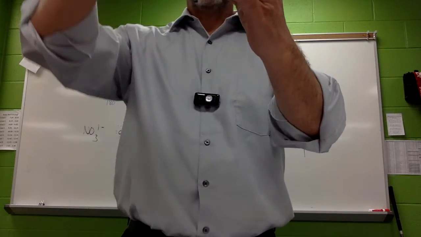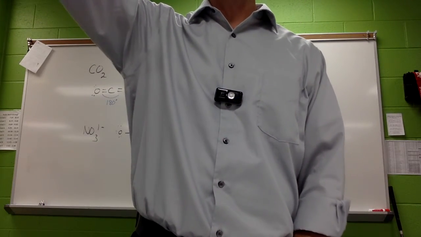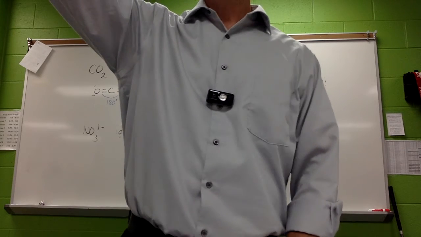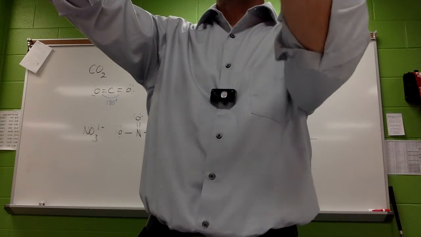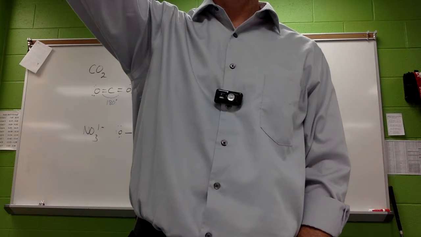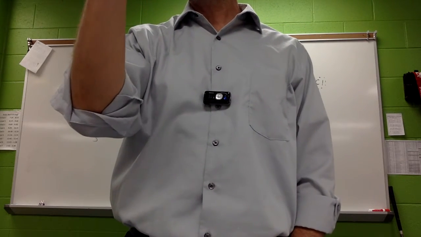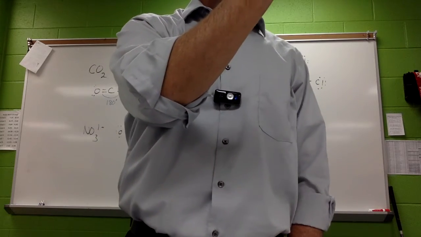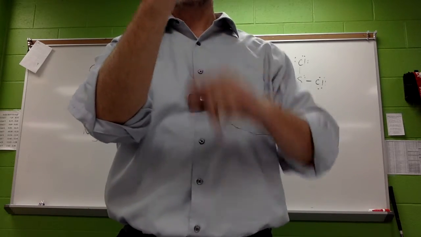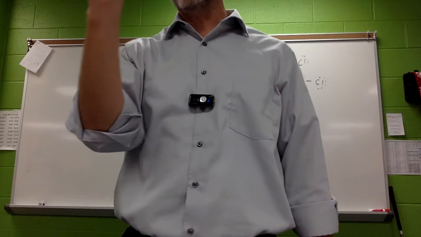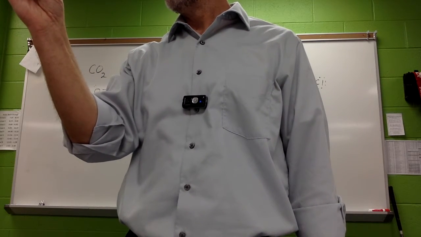If I put my fingers on a lone pair of electrons, how many lone pair bond pair interactions would there be? 3. If I put the lone pair here, how many 90-degree interactions would there be? 2.